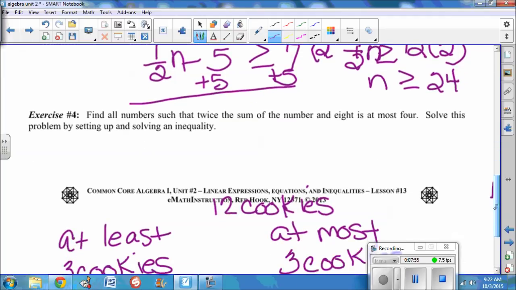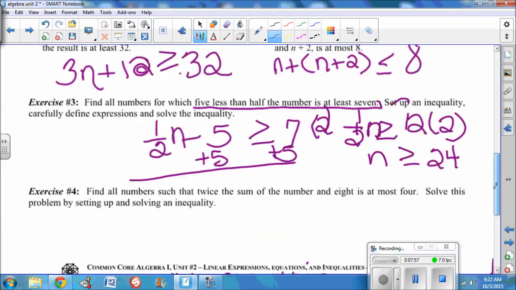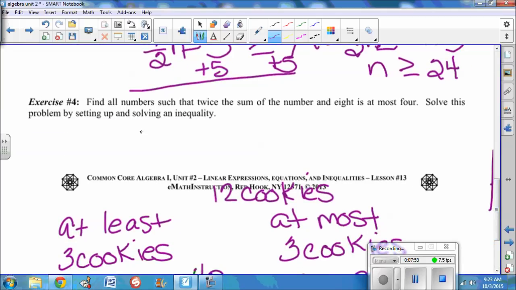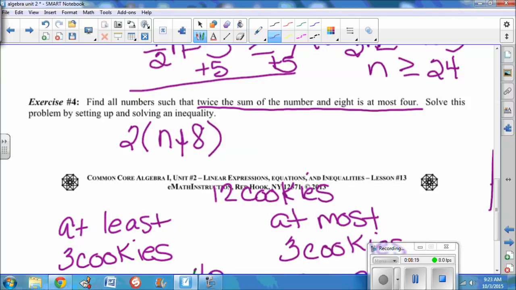Okay. Let's go down here to this last one on the page. Find all numbers such that twice the sum of a number and 8 is at most 4. Twice the sum. So twice, 2, the sum of a number and 8 is at most, less than or equal to 4.